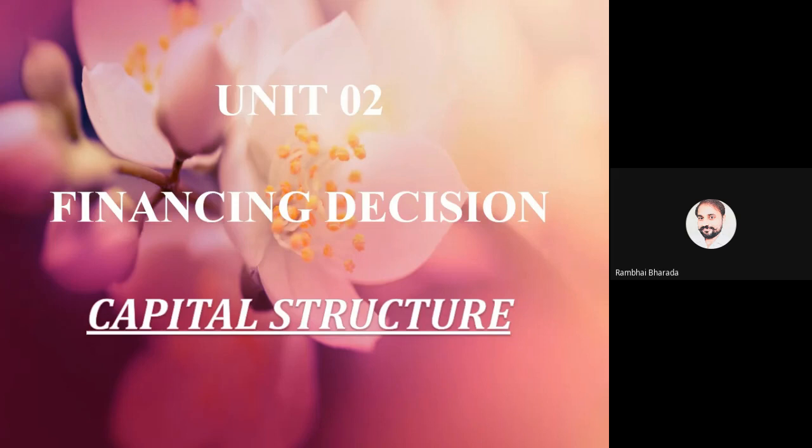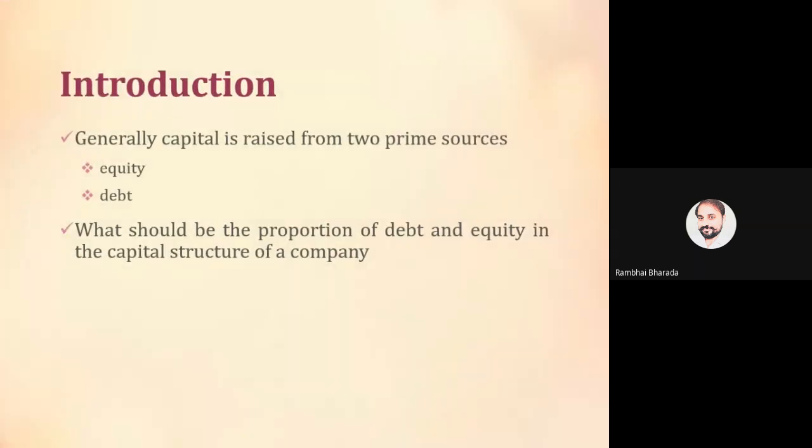Let's try to understand the theoretical part, and after that we will go for practical questions. Generally, capital is derived from 2 prime sources: equity and debt. What should be the proportion of debt and equity in the capital structure of the company? That we are going to discuss here.